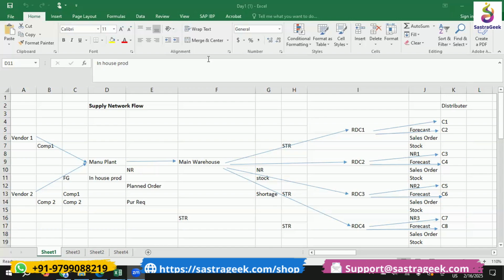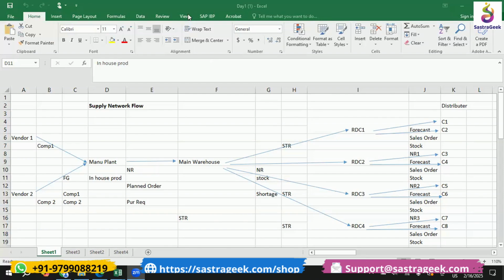That's my key KPI. We are not talking about system. We are still on the process, trying to understand the nitty-gritties of supply chain planning, and then we'll see how these individual models come into the picture.